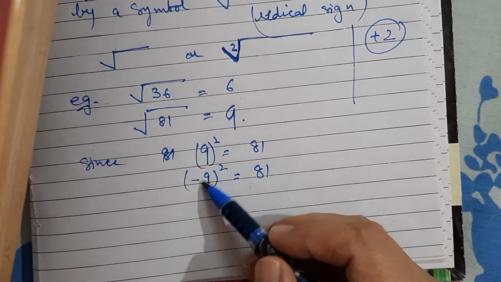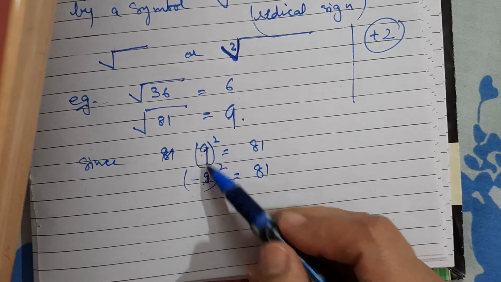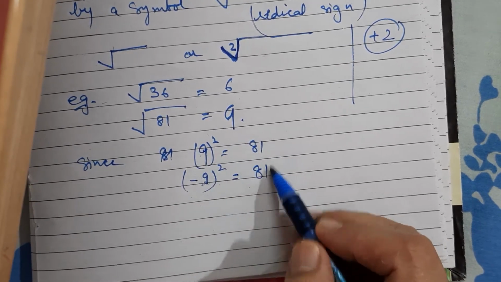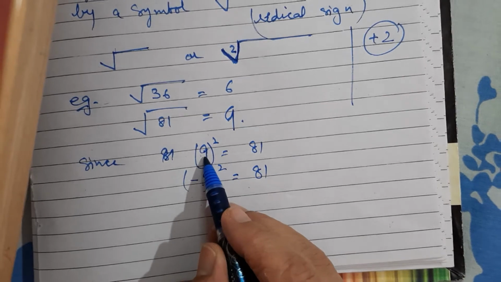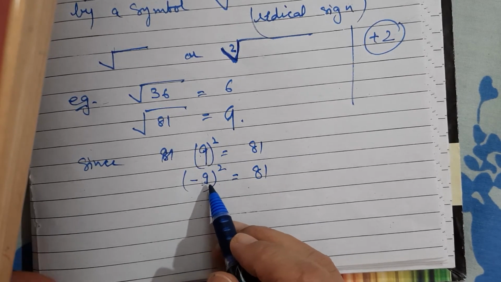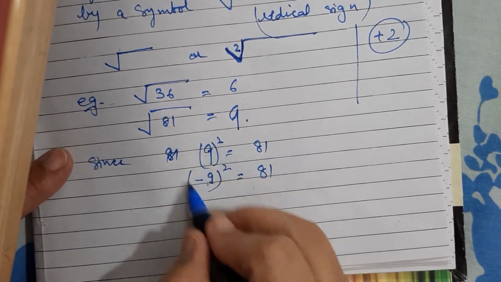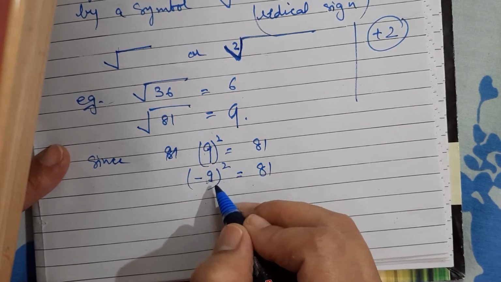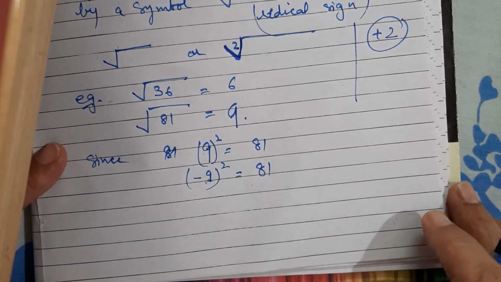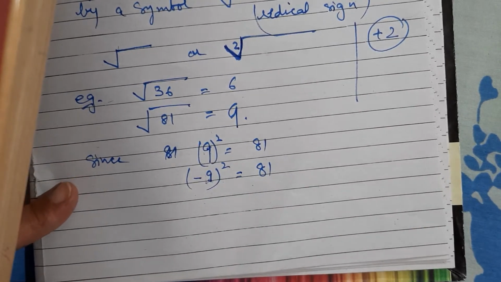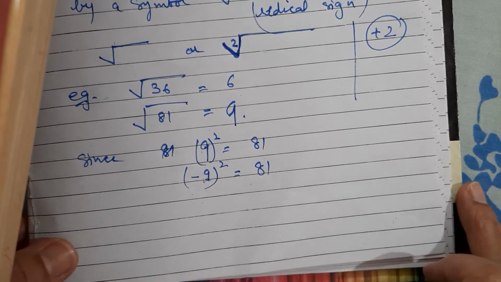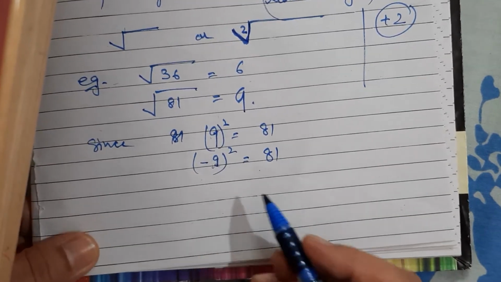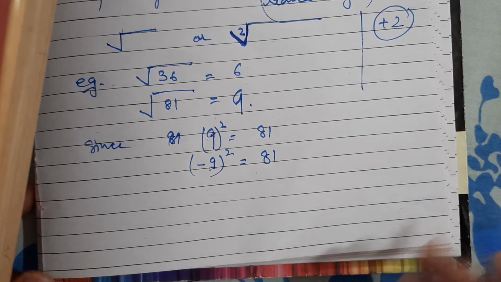So the number can be positive or negative. Its square will always be positive, whether the number is plus 9 or minus 9, right? So when we do the square of both these numbers, positive and negative, we will get positive 81, right? Fine.